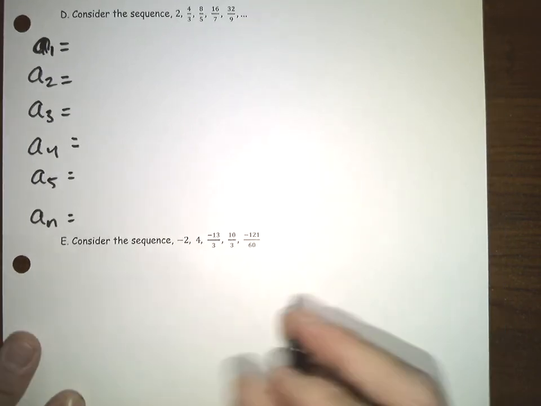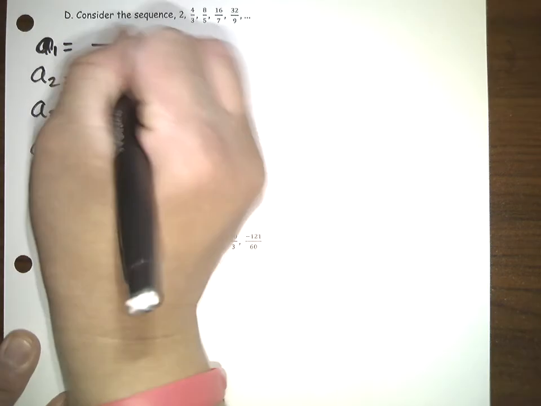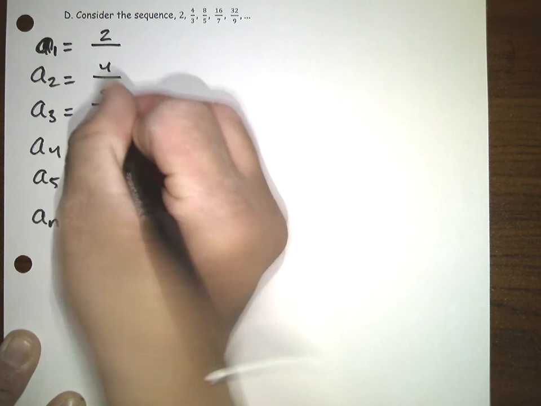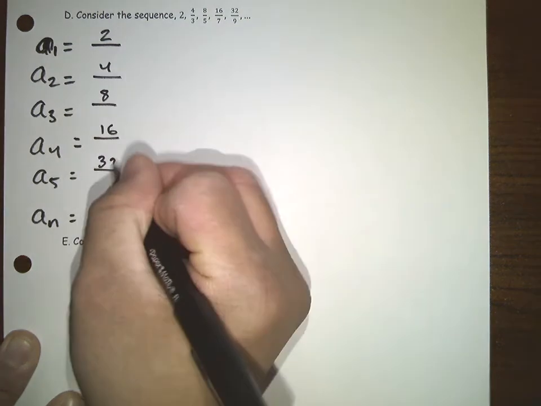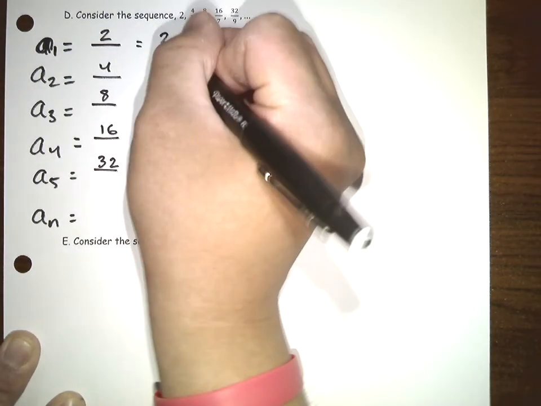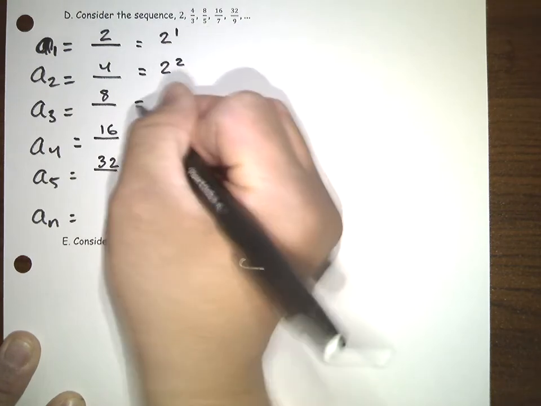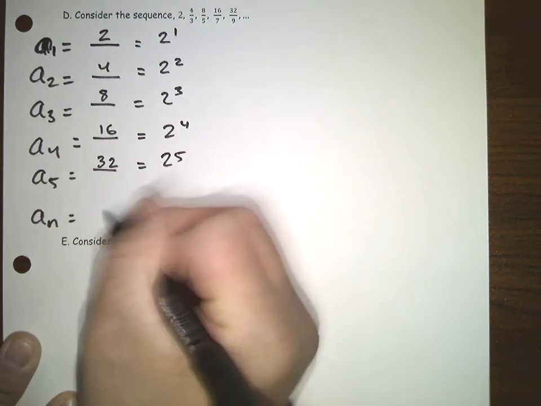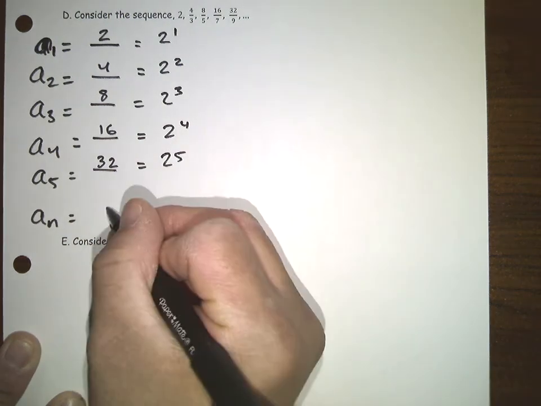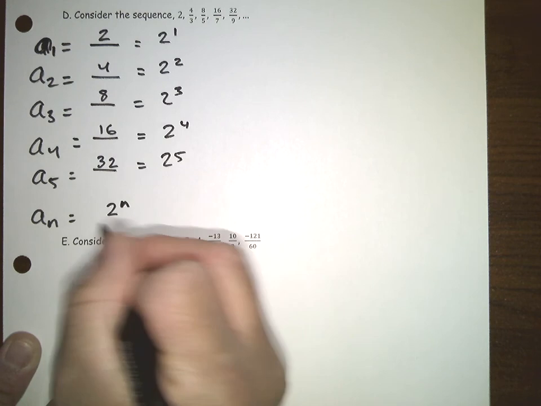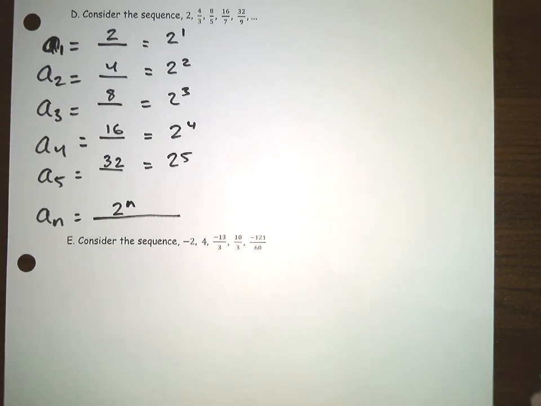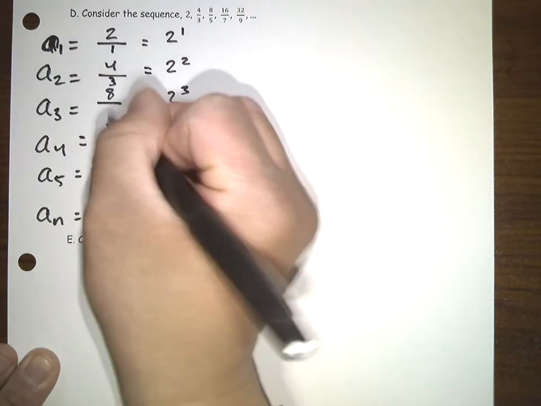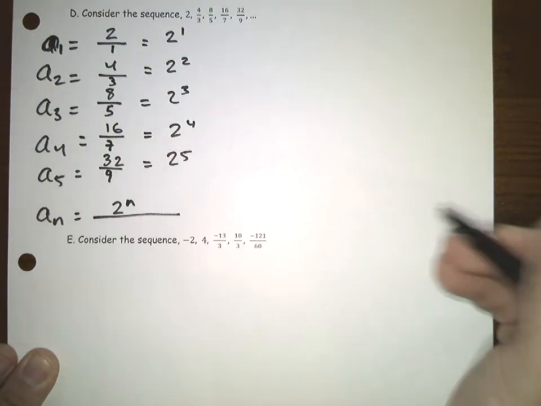The numerators are 2, 4, 8, 16, 32, but I could write this as 2 to the first power, 2 to the second power, 2 to the third, 2 to the fourth, 2 to the fifth. So this would be 2 to the nth power in the numerator.